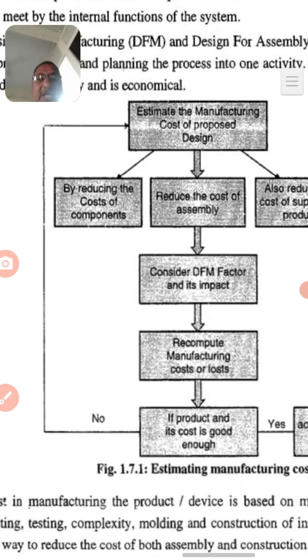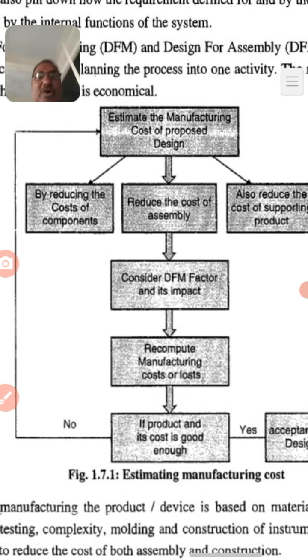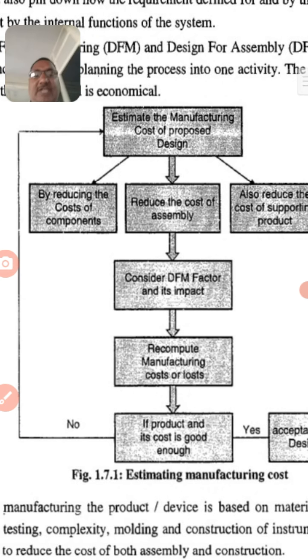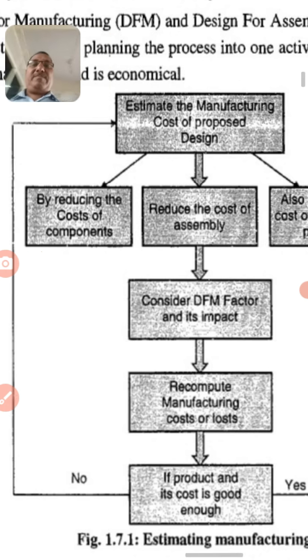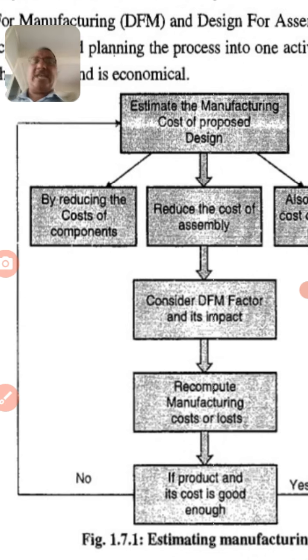Okay, so figure 1.7.1 shows estimating manufacturing cost. Estimate the manufacturing cost of the proposed design, meaning the design of each and every component, and how it will be reduced. First, reducing the cost of components will reduce the manufacturing cost.